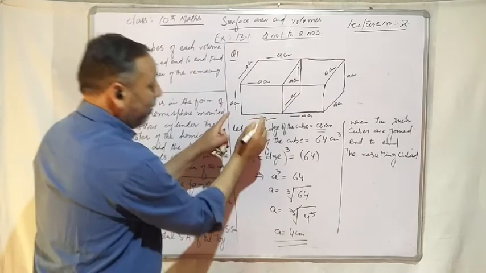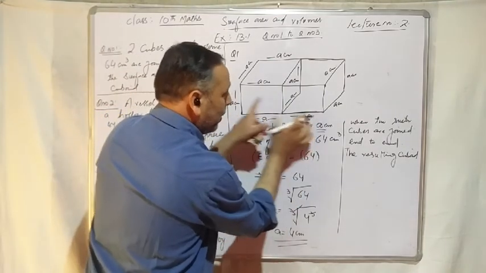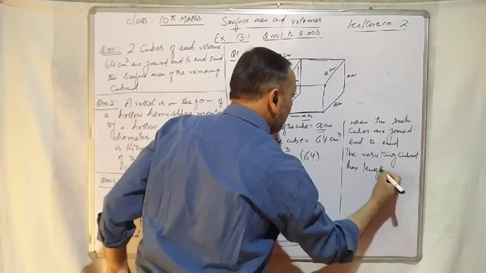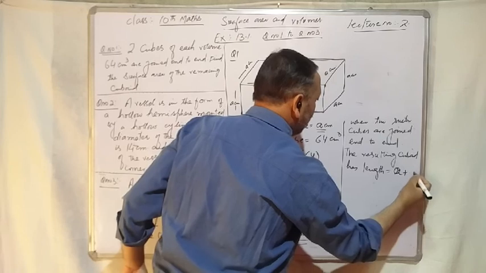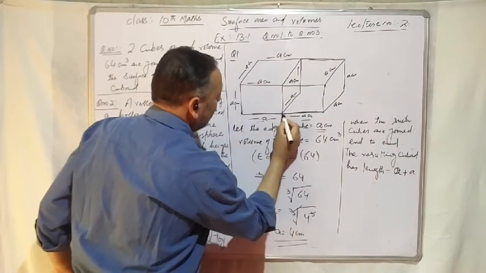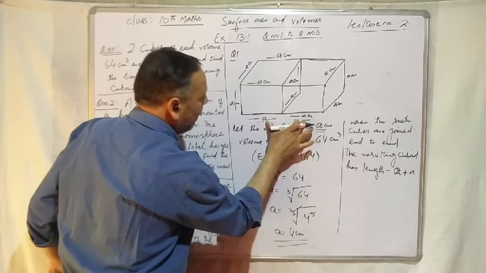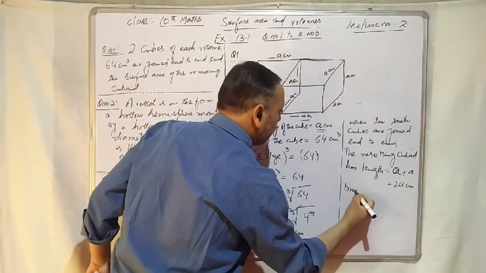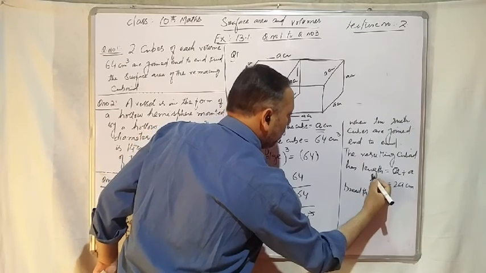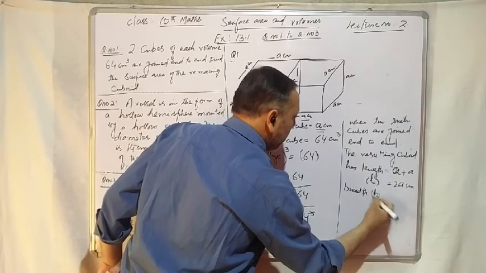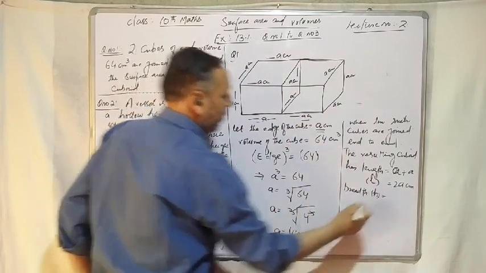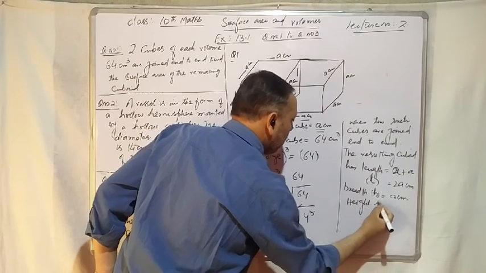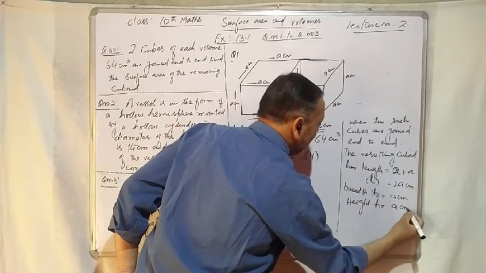The length of this cuboid will be a centimeter plus a centimeter, that means 2a centimeters. This is a and this is a, so length l will be a plus a, that means 2a centimeters. Breadth b will be the same as a, and height h will be the same as a.